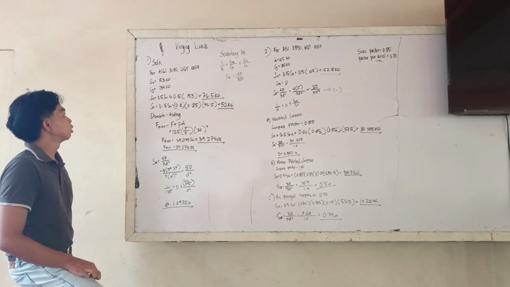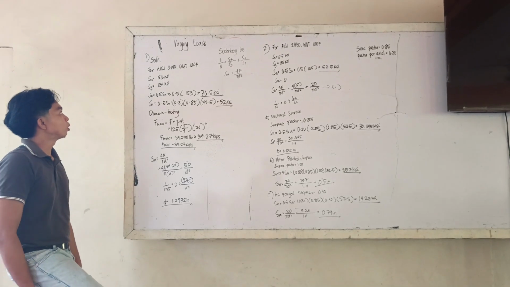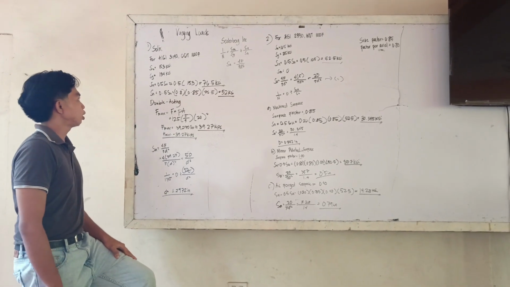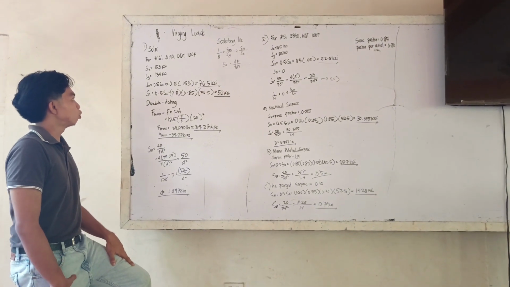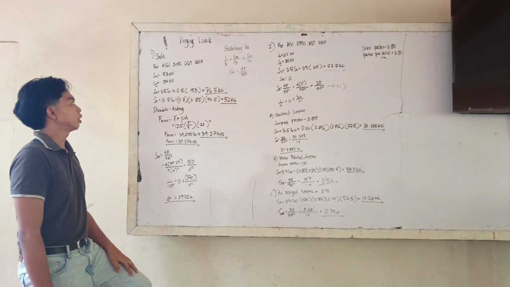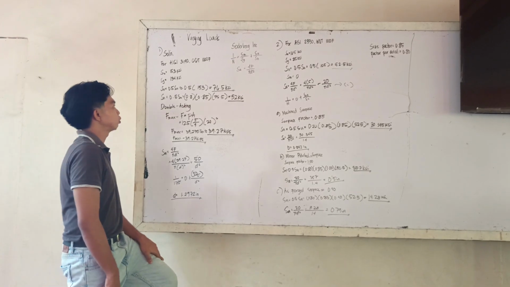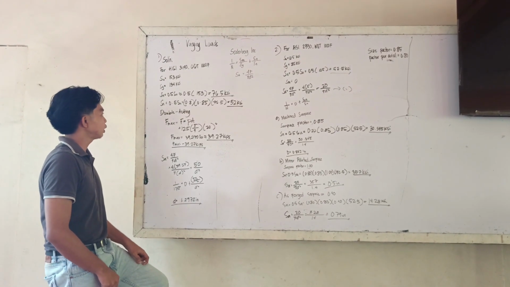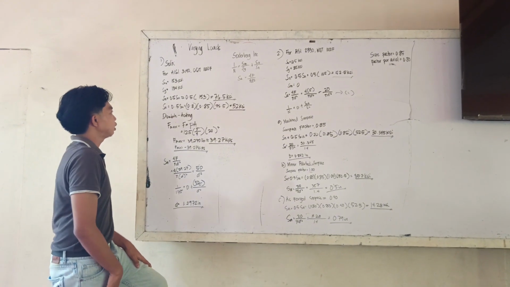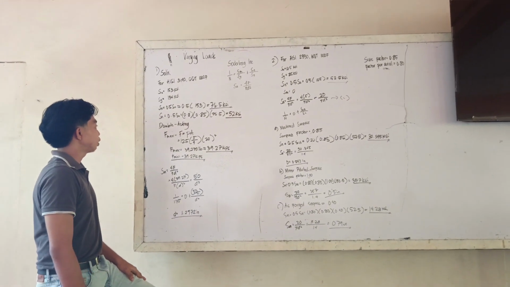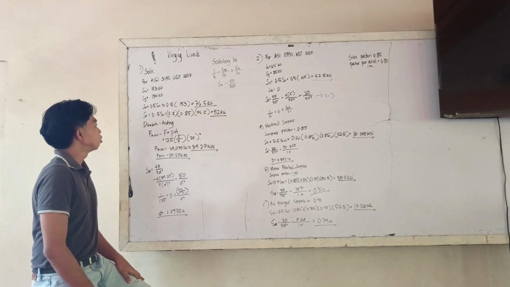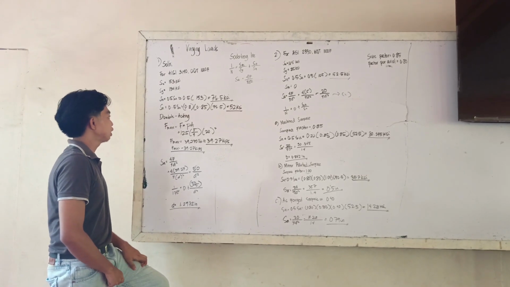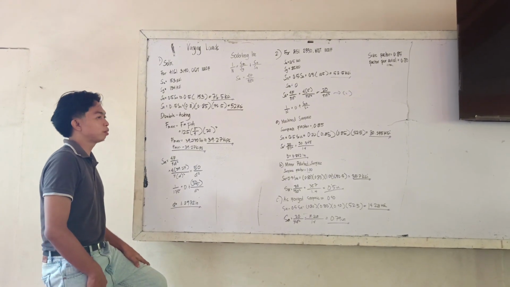So first, number one, the solution is for AISI 3140 OQT 1000 Fahrenheit. The given is Su = 153 ksi, Sy = 124 ksi, then Sn = 0.5 Su = 0.5 multiplied by 153 ksi, so it will become 76.5 ksi.